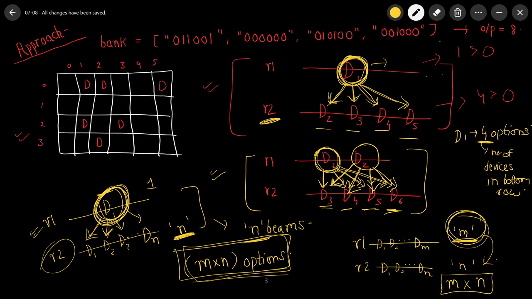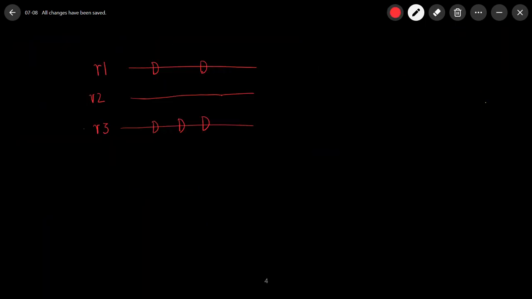So let me explain this further to give you more clarity. Now suppose we have this scenario. So here you can see, as I told you, we consider a pair every time. So we would first consider this pair.